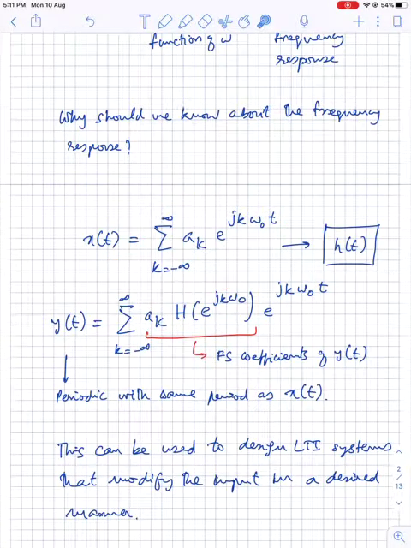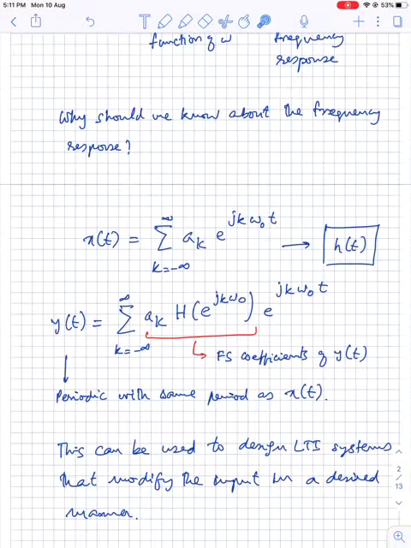So this complex exponential is an eigenfunction to the LTI system, and so for a weighted sum of complex exponentials, by applying the superposition property and the time invariance property, you can find the output y of t, with the same scaling factor.